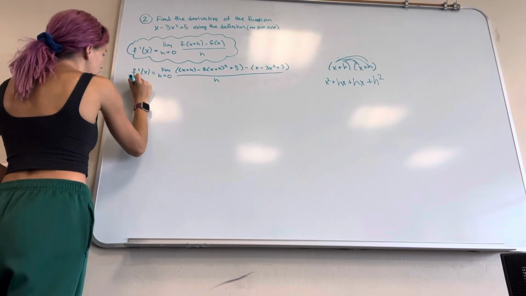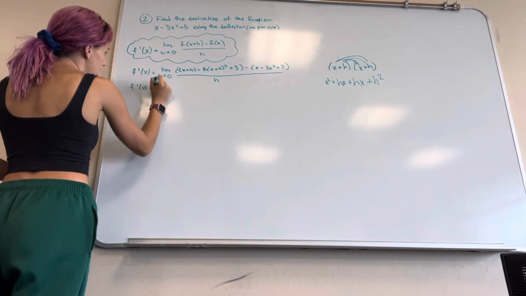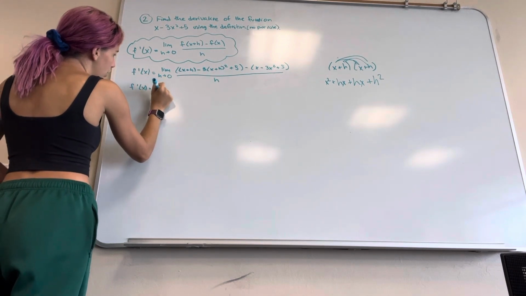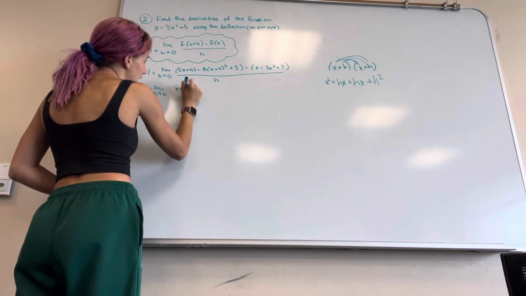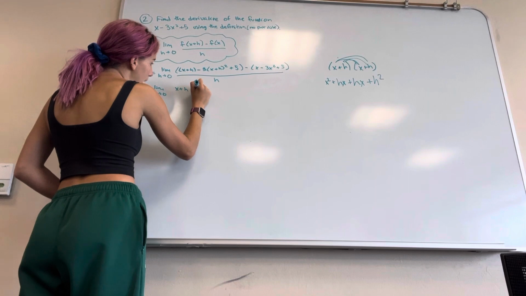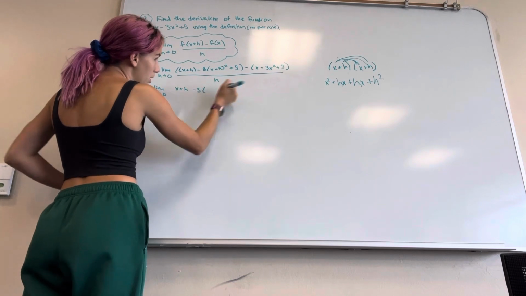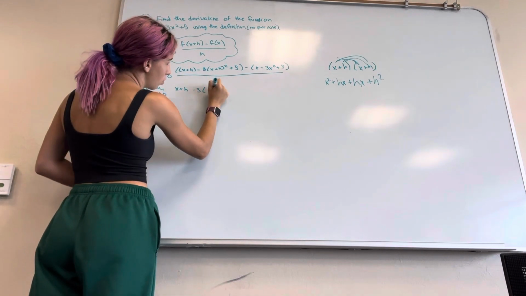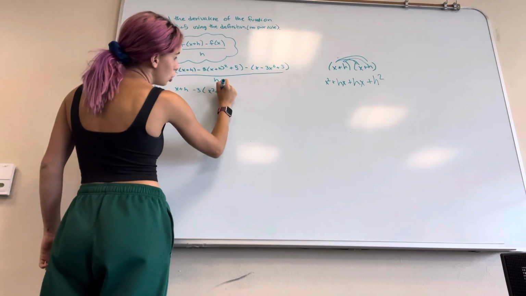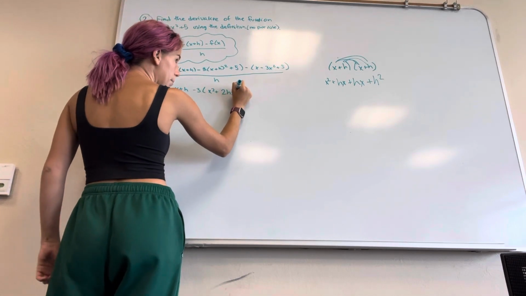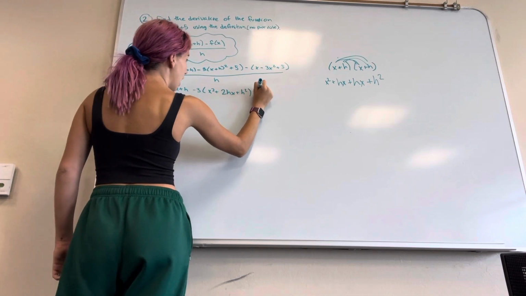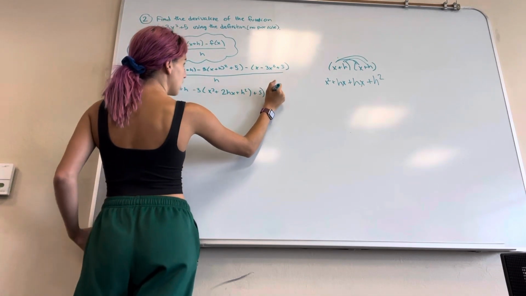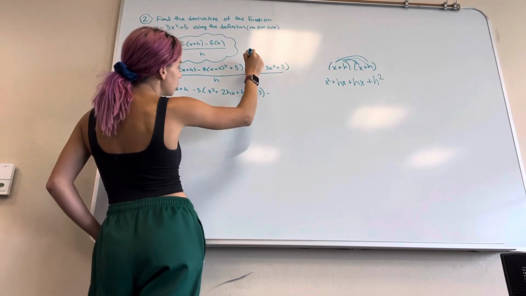And then we're going to plug that in and expand the rest of the way. So we get f prime of x equals the limit of h approaching 0. And then here you're going to have x plus h, and then we're going to have minus 3, and we're going to plug this in here. So we get x squared plus 2hx plus h squared, plus 5 minus, and we can distribute this minus actually.